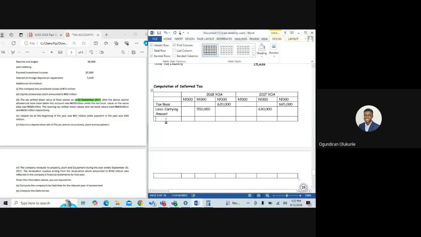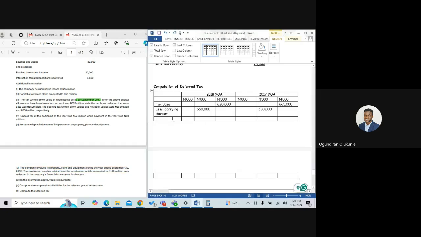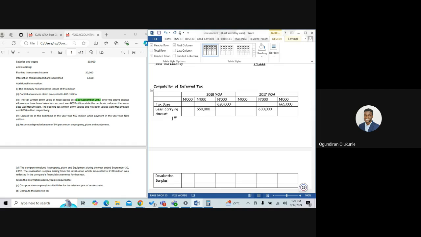In this case, note 6 is saying that the company revalued its property, plant, and equipment during the year ended 30th September 2012. So the valuation surplus arising from the valuation, which amounted to 100 million, was reflected in the company's financial statement. So how much was the revaluation? 100,000. Are we together?